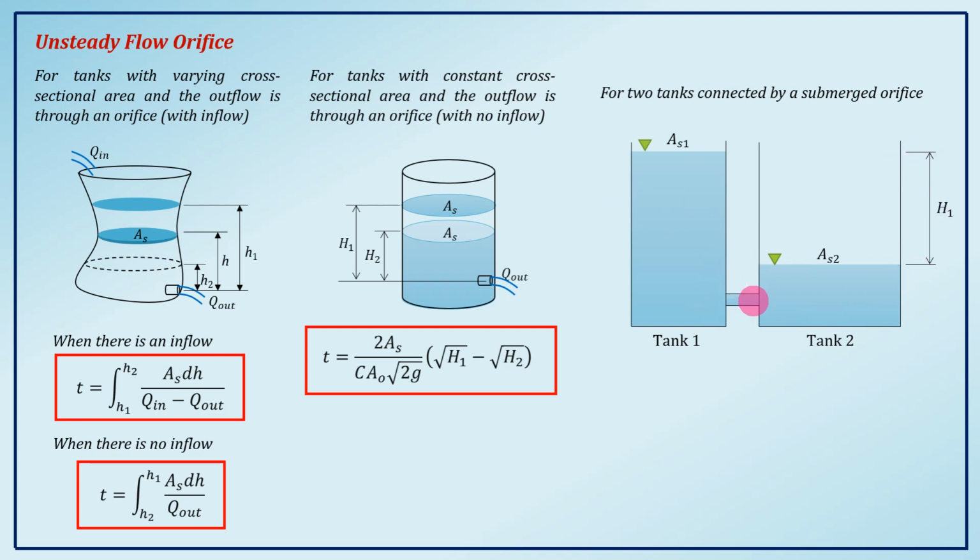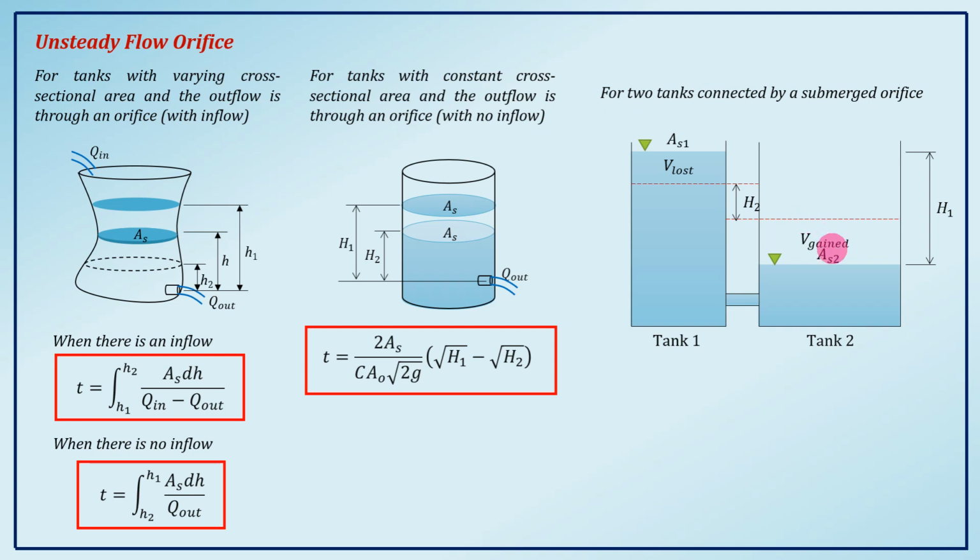Now, when we open the orifice or the tube, there is a drop in tank 1 and a rise in tank 2. We have the volume lost at tank 1 and the volume gained at tank 2. For this type of situation, we are asked to determine the time for these two tanks to reach this water level difference H2.